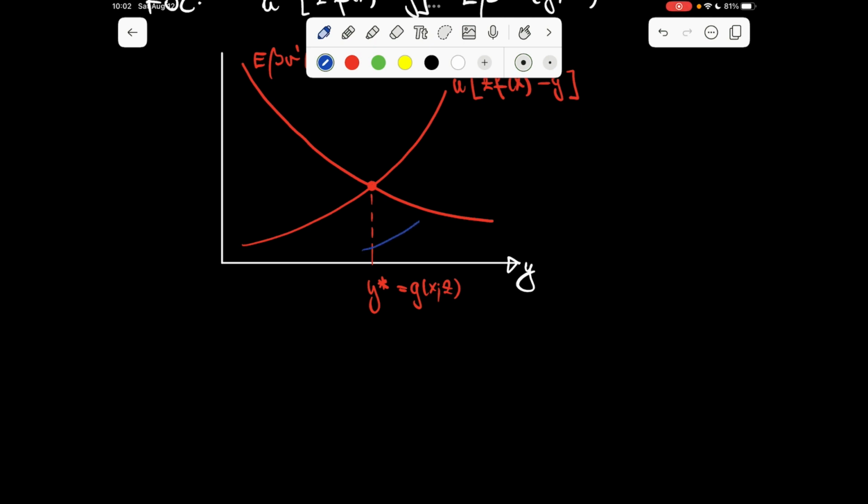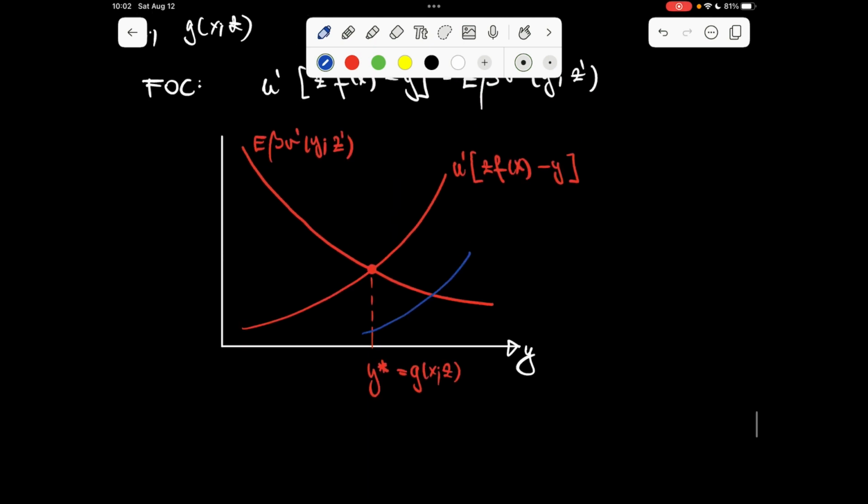So the utility function is lowered because of the concavity of the utility function.